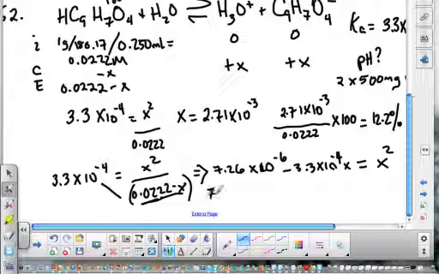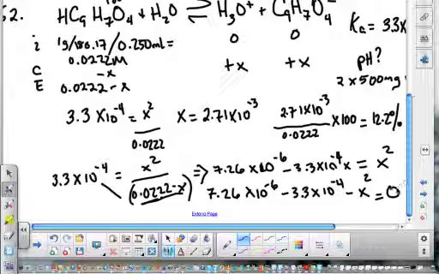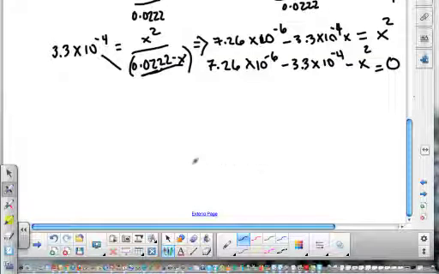Your c is 7.26 times 10 to the minus 6. Your b is negative 3.3 times 10 to the minus 4. And your a is negative 1. You're going to have to use the quadratic formula.